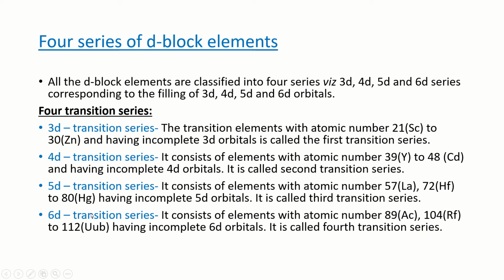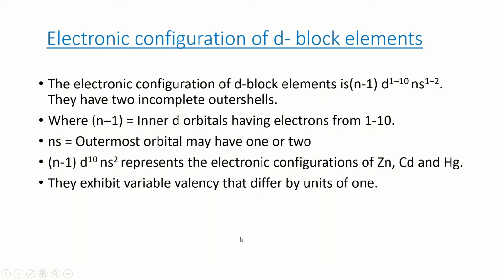The 6d series consists of actinium, atomic number 89, and thorium, 90, which again belong to the inner transition elements, and this series is called the actinoids. Elements beyond 104 belong to the 6d transition series, having incomplete 6d orbital.